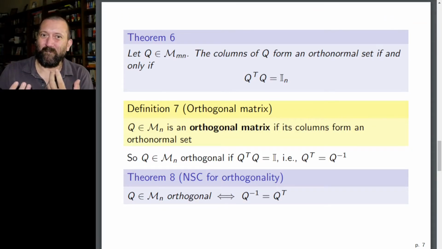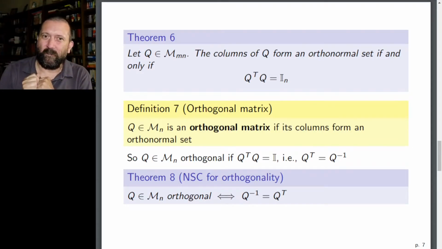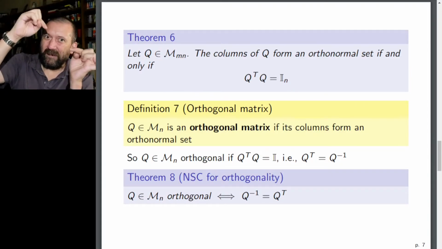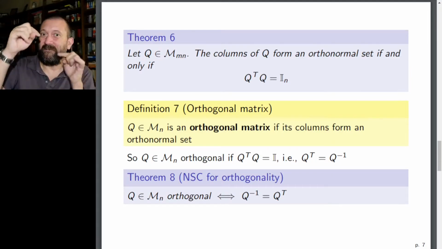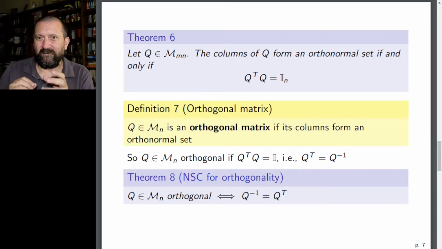When doing Q transpose times Q, we're just checking that all these dot products are 1 only on the main diagonal, when i equals j, and 0 outside of the main diagonal, when i is not equal to j. That's another way to see this, and I'm not going to prove this result.